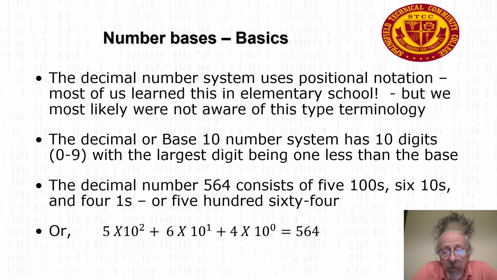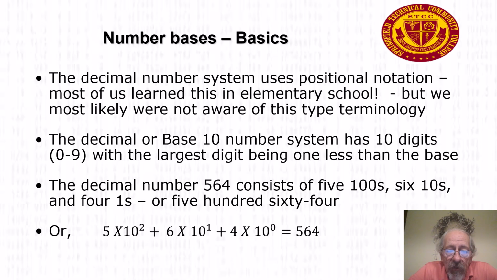The decimal number 564 consists of 5 100s, 6 10s, and 4 1s, or 564. Or we could represent 564 in the following way: 5 times 10 squared plus 6 times 10 to the first power plus 4 times 10 to the 0 power.